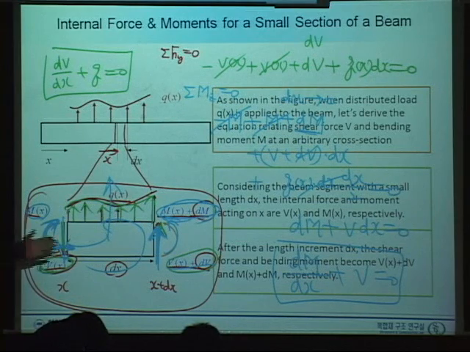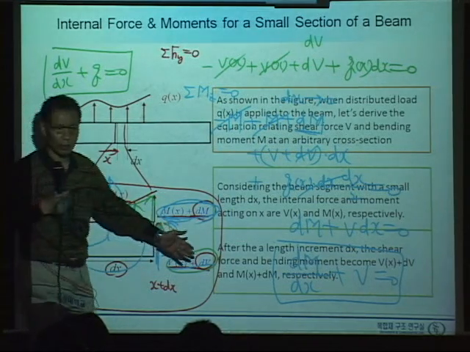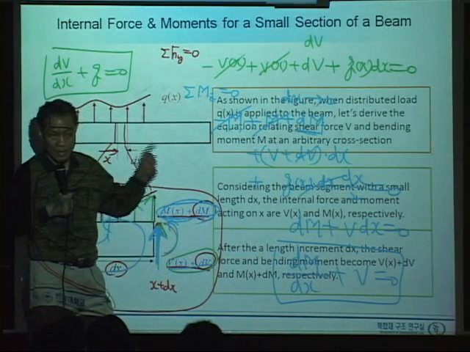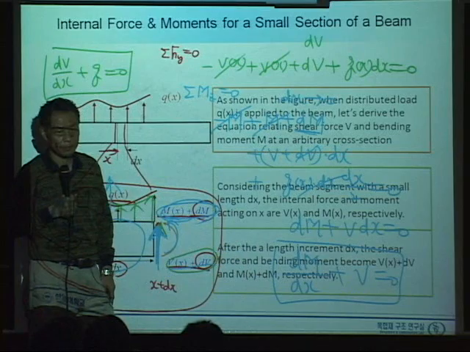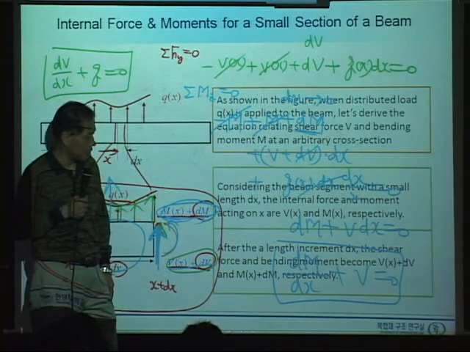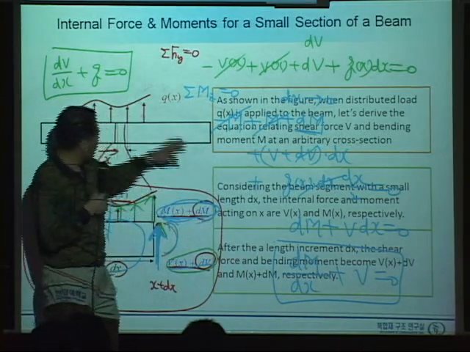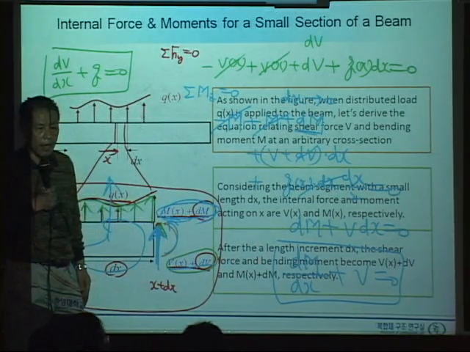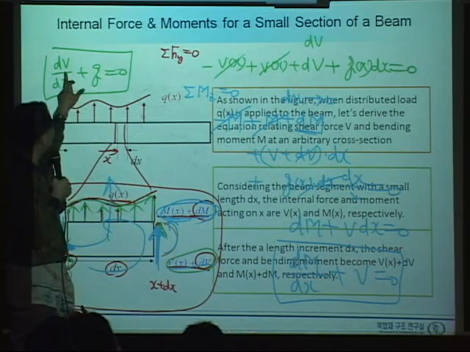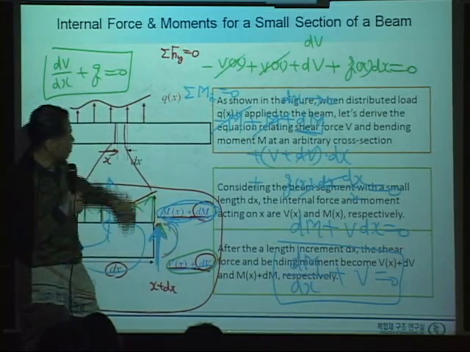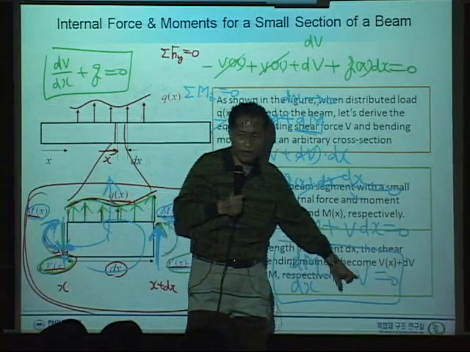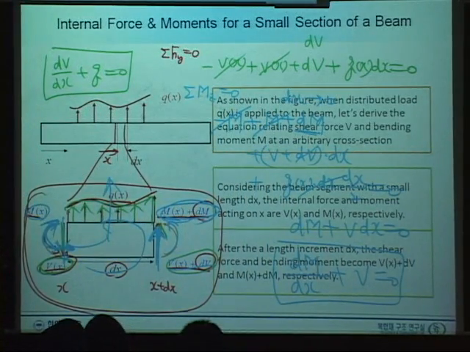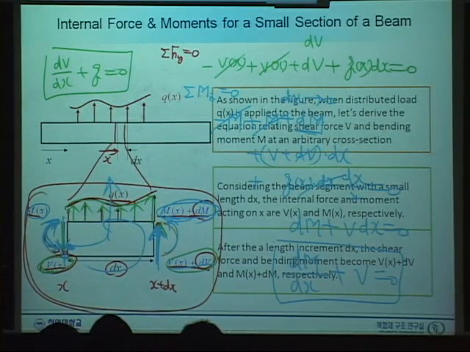Now, this is the second equilibrium equation, from consideration of the bending moment. Take a look at this term and this one. They look very similar, but here we have V and q, and this is the moment and V. We just have a first order differential equation.